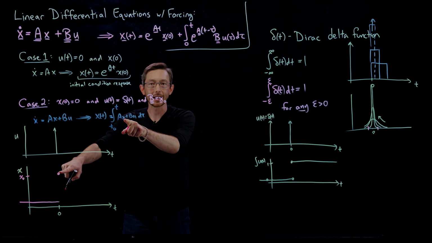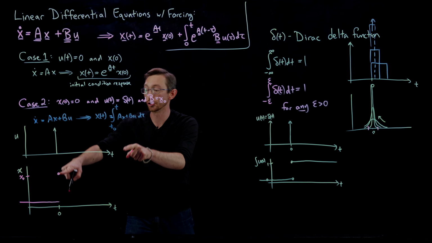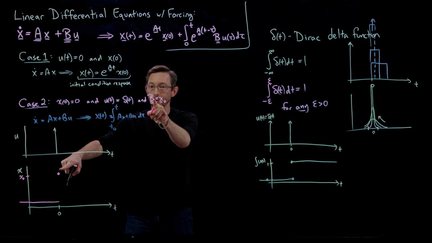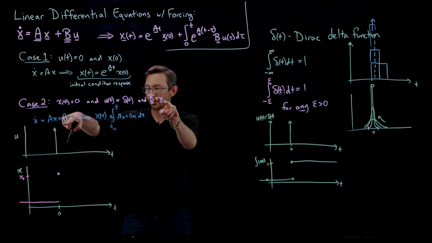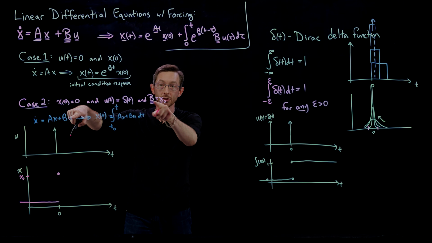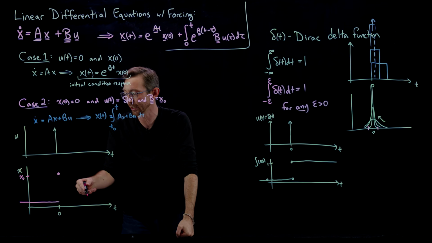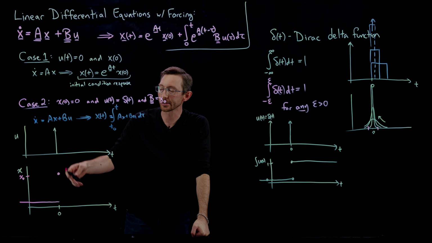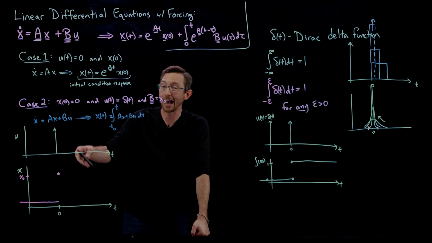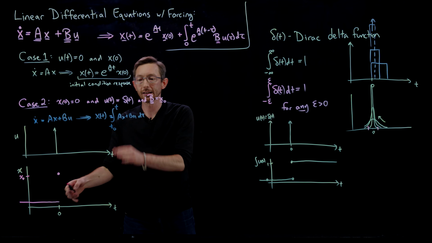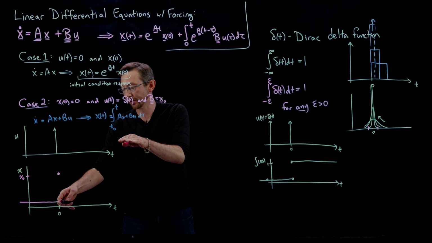But now it looks like I have an initial condition, because my x jumped up to B times delta, which integrates up to B times 1, which is B. And I claim that I made B to be this initial condition. So this looks a lot like an initial condition response after the delta. Before the delta, it's zero dynamics, so x equals 0.